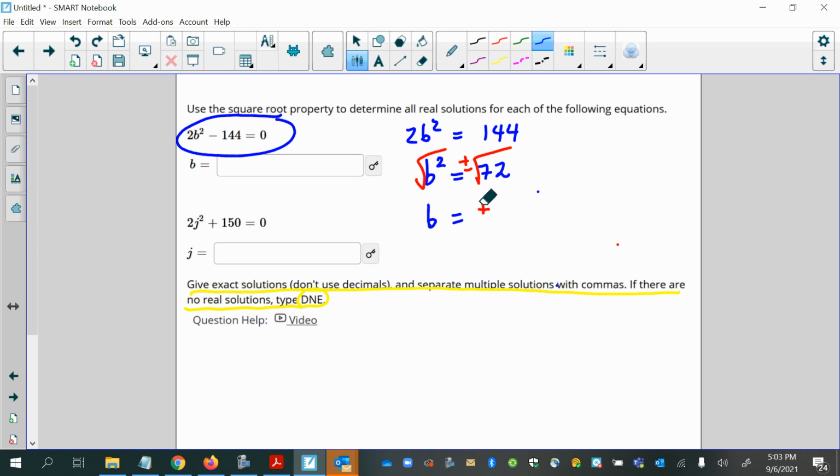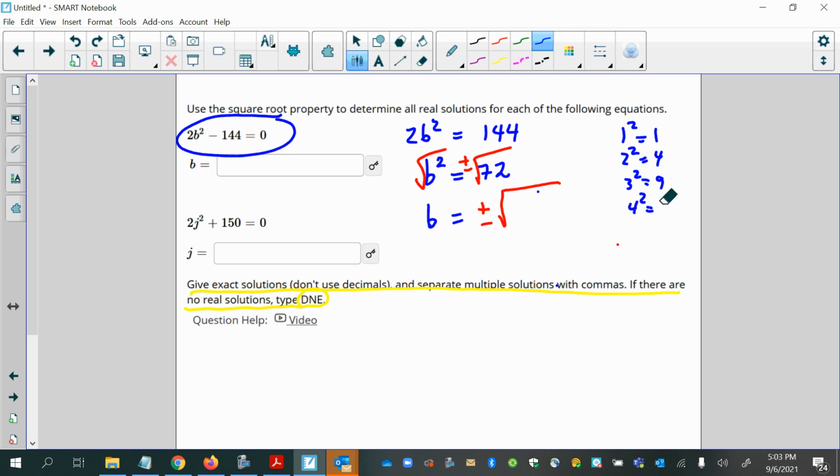Well, that's pretty good, but it's not simplified. So take the 72 and think of all the numbers that are perfect squares that might fit into it evenly. So perfect squares, what are they? 1 squared is 1, 2 squared is 4, 3 squared is 9, and so on, right?